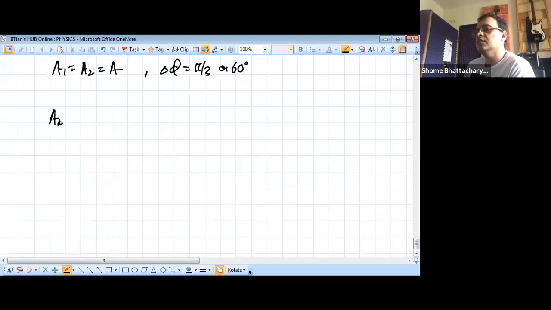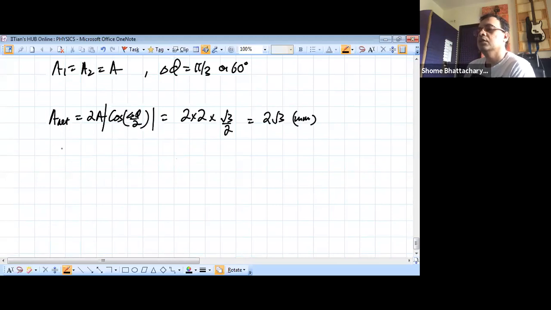So A net, I'll use this formula now, is 2A cos delta phi by 2. So 2 into 2 into cos 30, which is 2 root 3 millimeters.